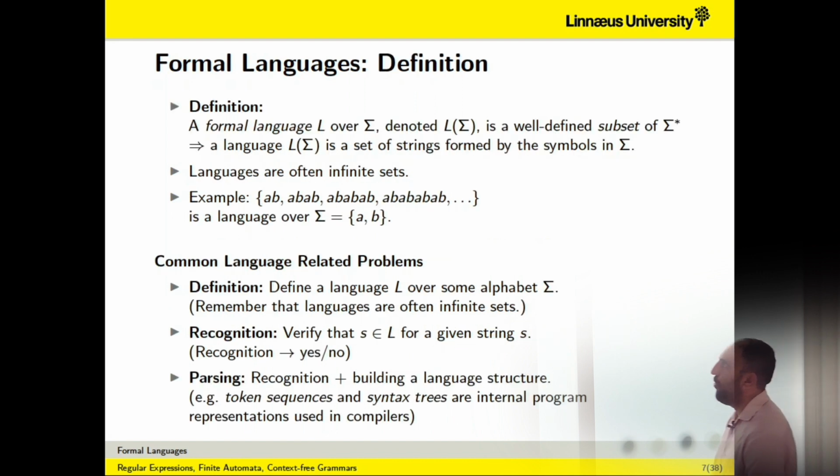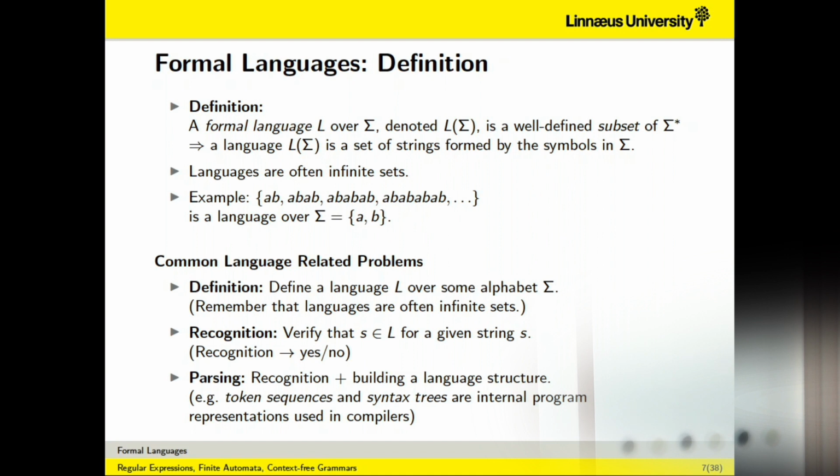But to define it more formally, a formal language L over this alphabet, denoted by sigma, is a well-defined subset of this closure on the alphabet, okay. Obviously, in a language there must be some limitations, otherwise it can be an infinite language definition.